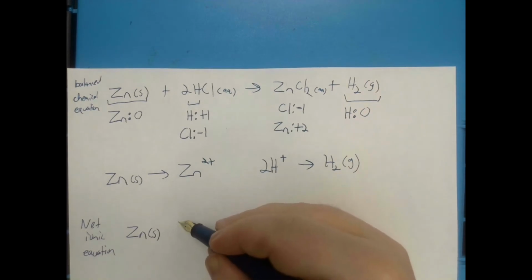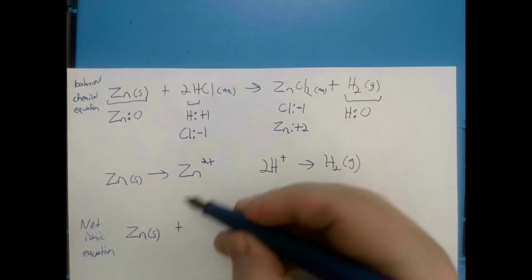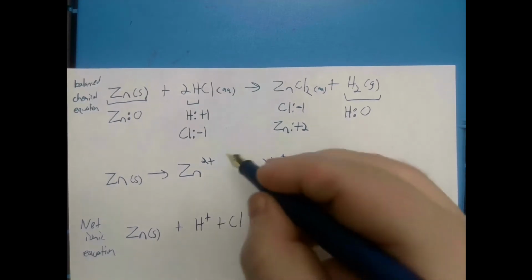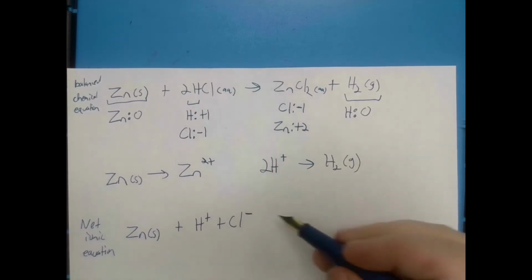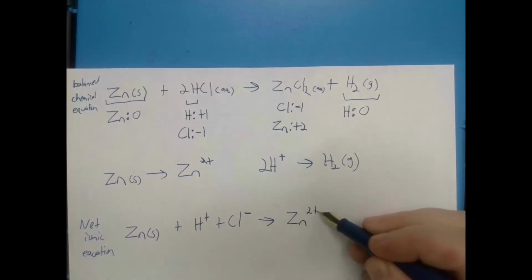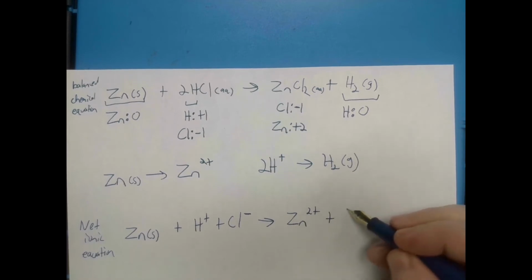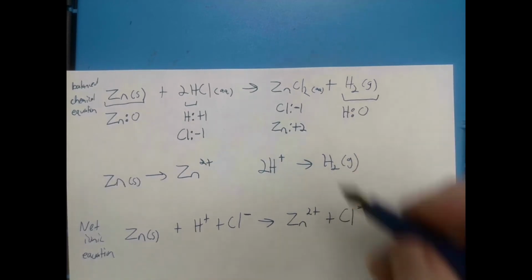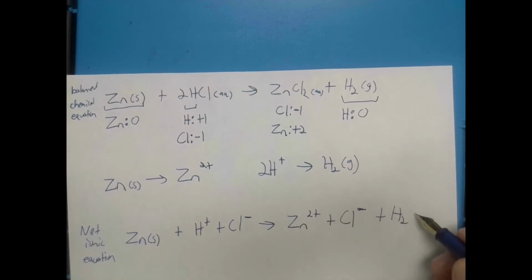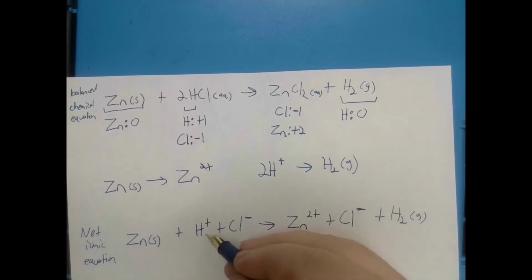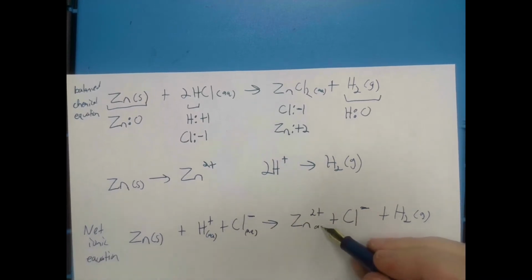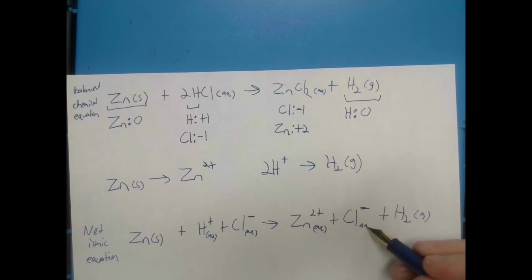Then we have H+ and Cl-. Over here we'll have Zn2+ and Cl-. And this is not an ion, so we just write it down normally. This would be aqueous, that would be aqueous, that would be aqueous.